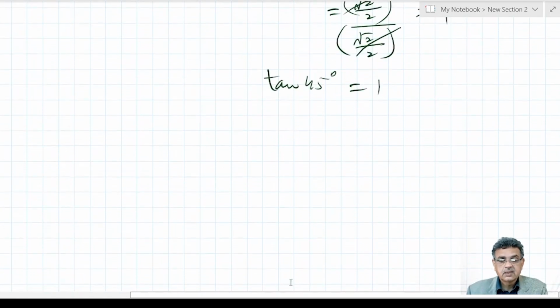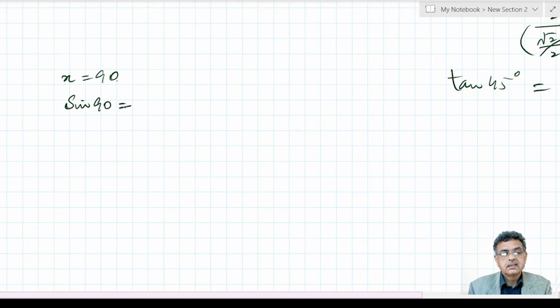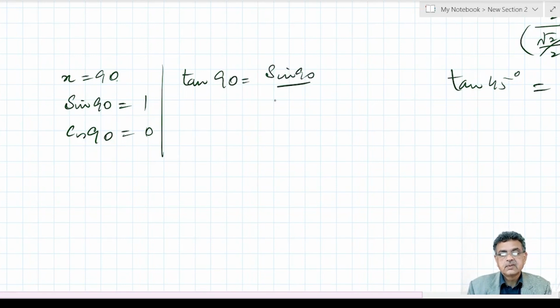Now tangent 0 is 0, tangent 45 is 1, and now let's look at 90 degrees. When x is equal to 90 degrees, sine 90 is 1, cos 90 is 0, then tangent 90 degrees is sine 90 over cos 90.